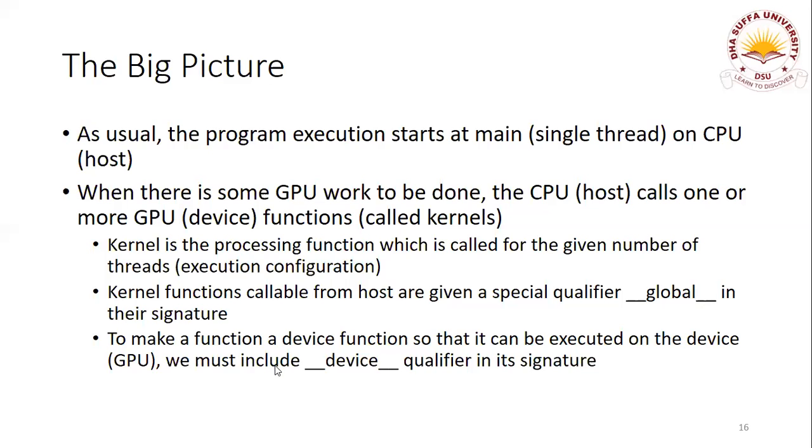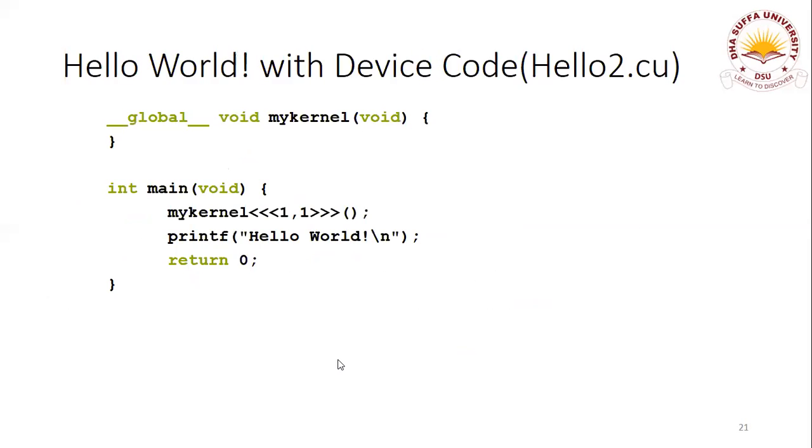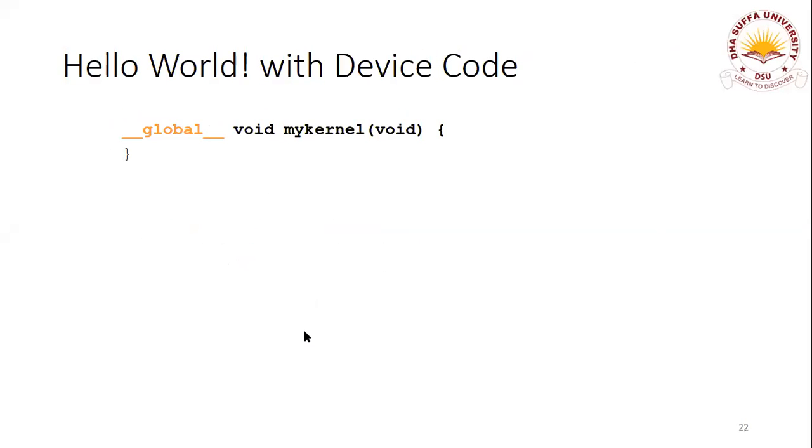By making a function and adding this specifier underscore device underscore, you can make a device function that is going to be executed on device, and it is going to be called from device. For example, a kernel function calls another function, that function is going to be a device function, right? So next, back to the syntactic elements.